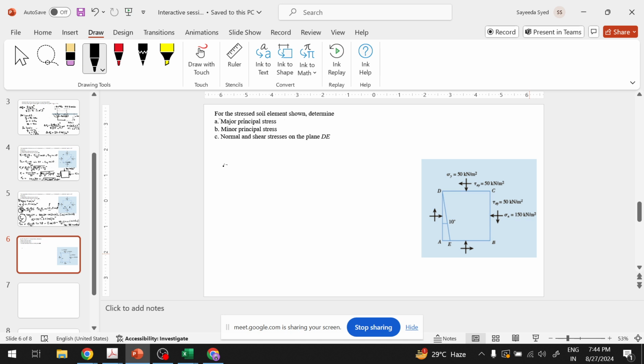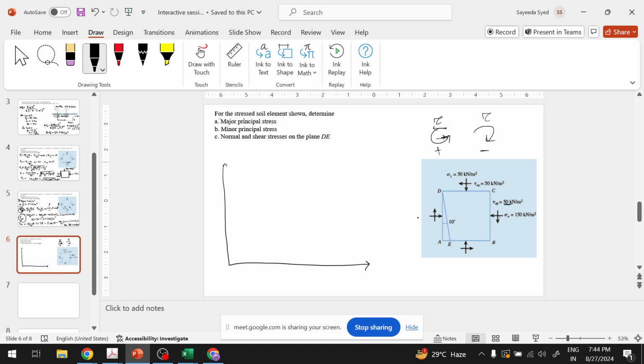So in Mohr's circle, what we do is we take 50 and 150, but tau in this direction is positive, and tau anti-clockwise is positive, clockwise is negative.